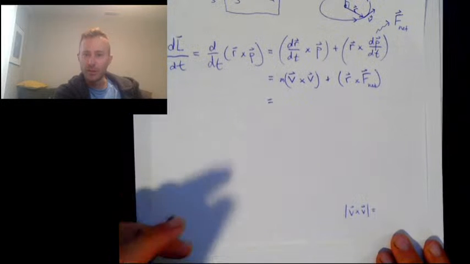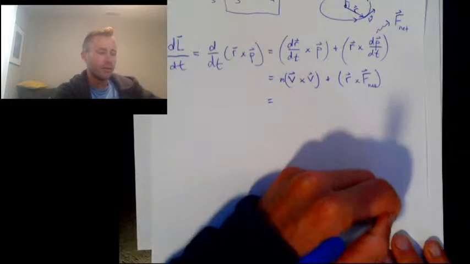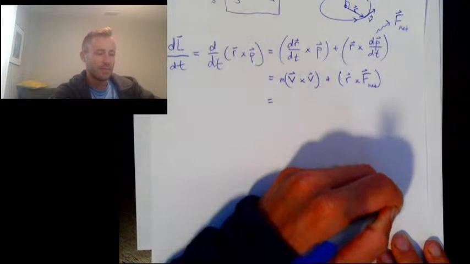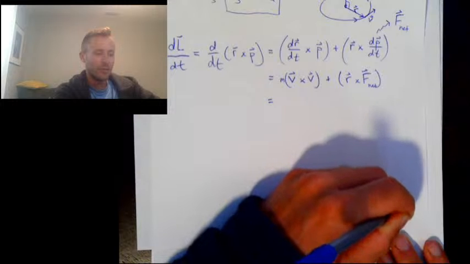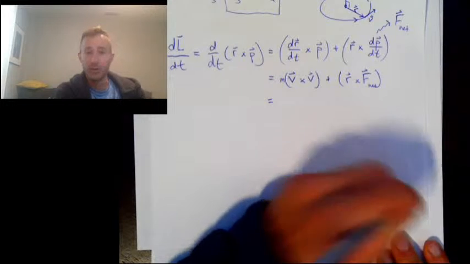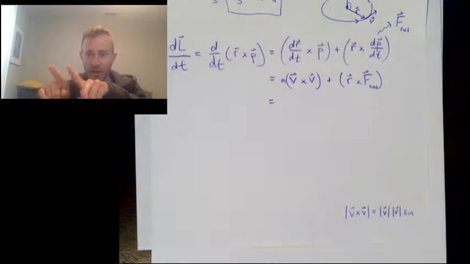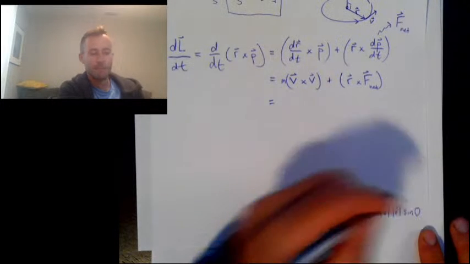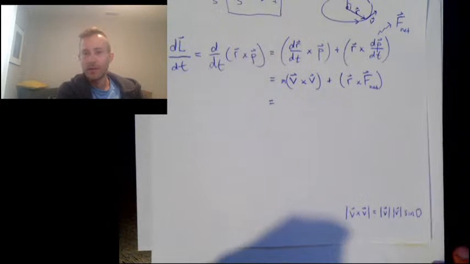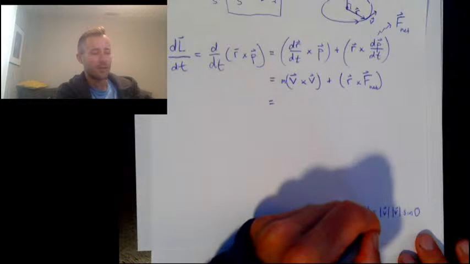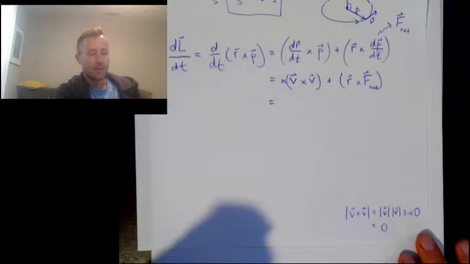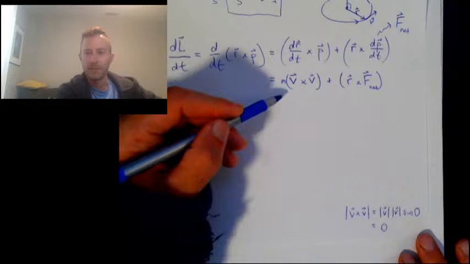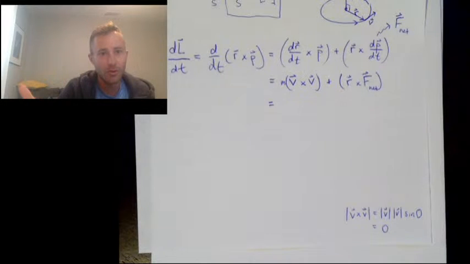The magnitude of v cross v would be the magnitude of v times the magnitude of v times the sine of the angle between two vectors that are the same. So what is the angle between two vectors that are the same? 0. What's the sine of 0? It is 0. So v cross v, any vector crossed with itself, is 0.